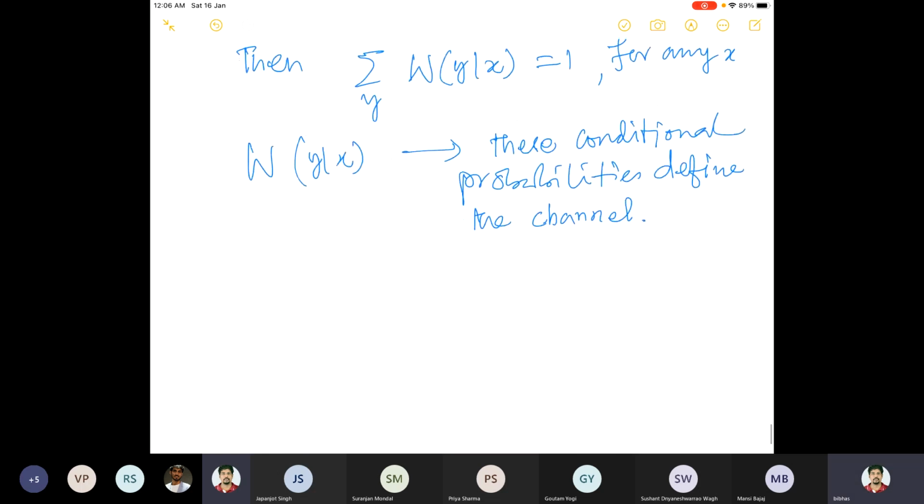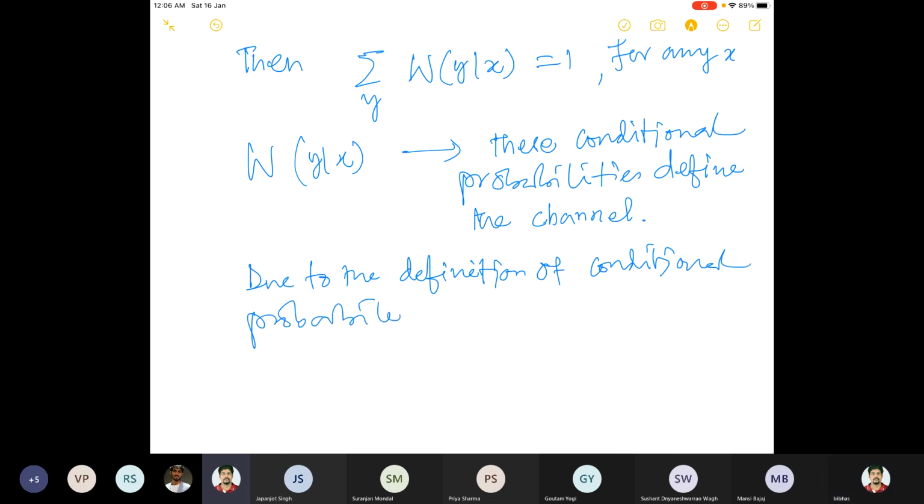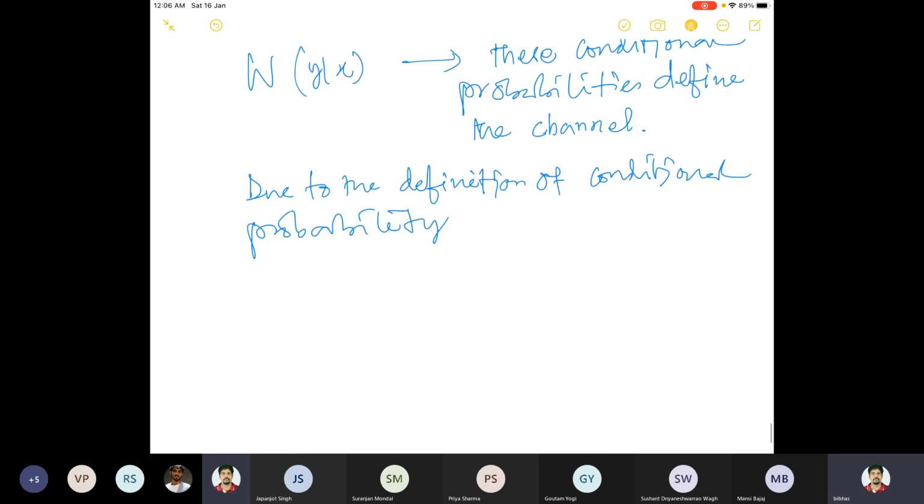Due to the definition of conditional probability, we have the joint distribution of X and Y, which we denote like this, equal to P of x times W. Instead of writing W, we can always write P also, it is not a problem.